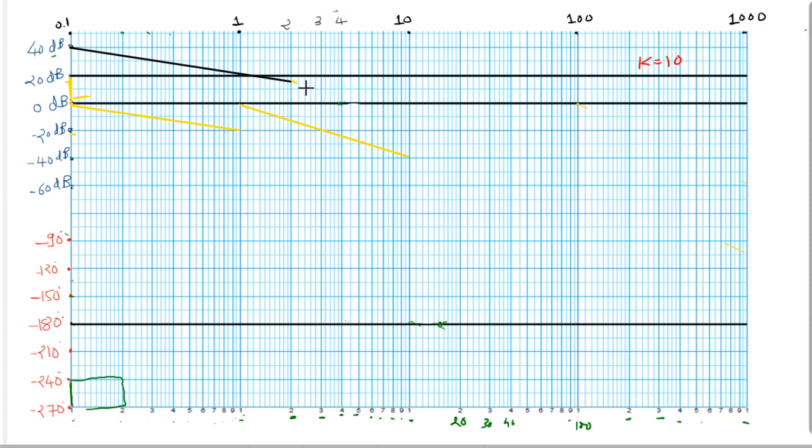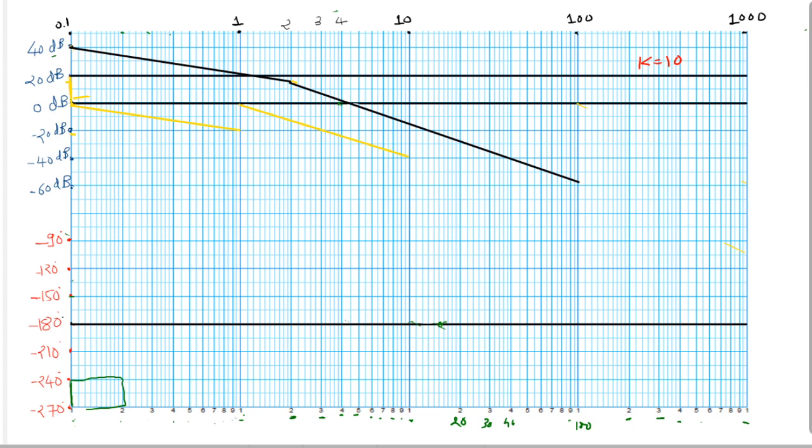I am extending this line from 2 to 100, exactly parallel to this line, okay, minus 40 decibel per decade.